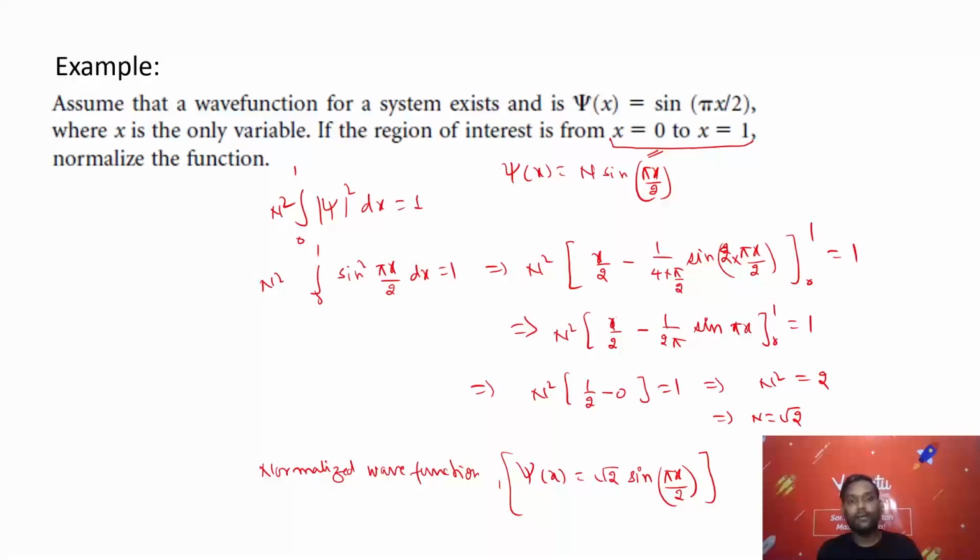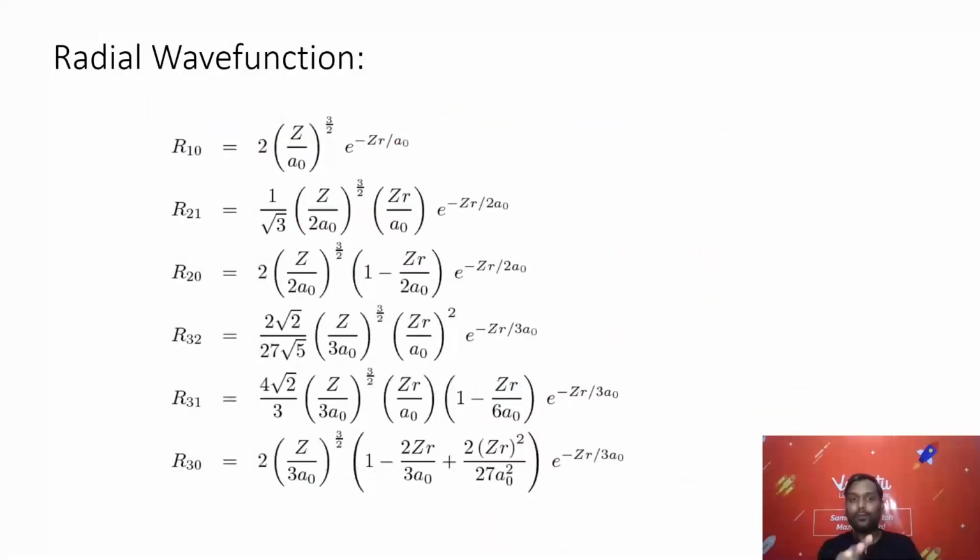Let us take some examples of normalized radial wave functions. As we know, in the radial wave function the two quantum numbers we use are n, l. So this R10 means n is equal to 1, l is equal to 0, so this must be representing a 1s subshell.